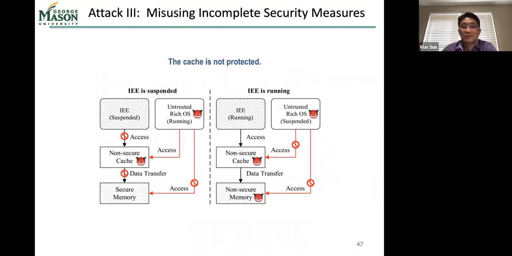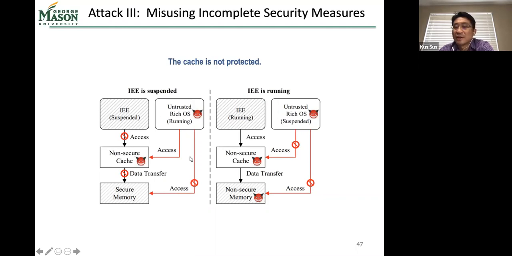The same thing applies to the cache. At that time, we didn't think about how to protect the cache. When the IEE was suspended, we didn't clean the cache completely, so the rich OS may read out some sensitive data from the cache. But this can be easily fixed by running a cache flush, a cache invalidation instruction.